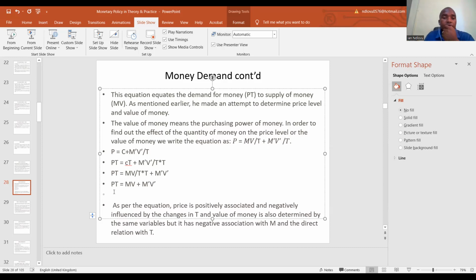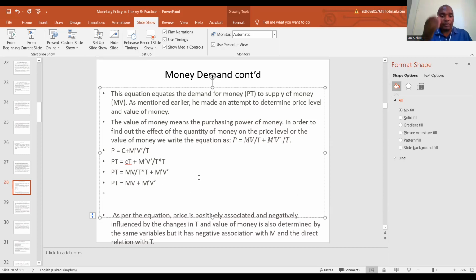Then I can decide to take M to the other side. I've got many things that I can do here. I can factorize M, because I want a theory for the demand for money.